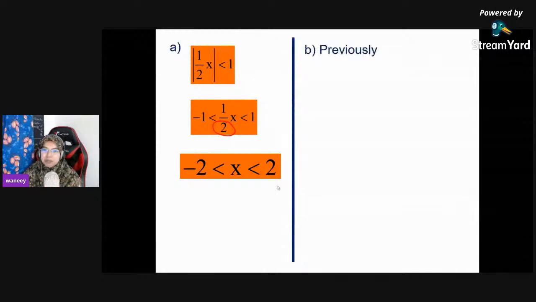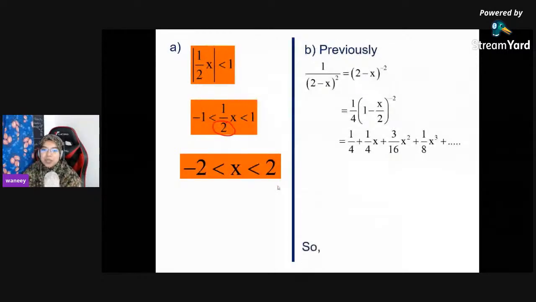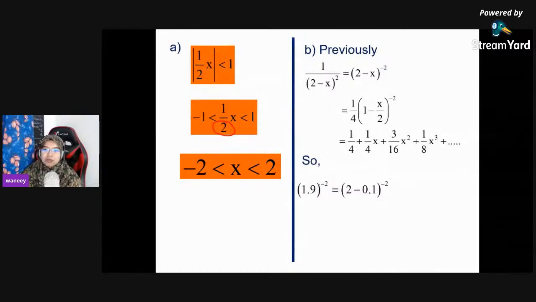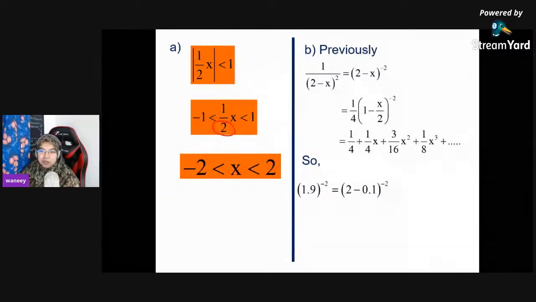So now, from the question, we actually want to find out 1.9 to the power of negative 2. So from the question, we have 2 minus x to the power of negative 2. So that means if I want to get 1.9, then it should be 2 minus 0.1. So how do I know this is 2?